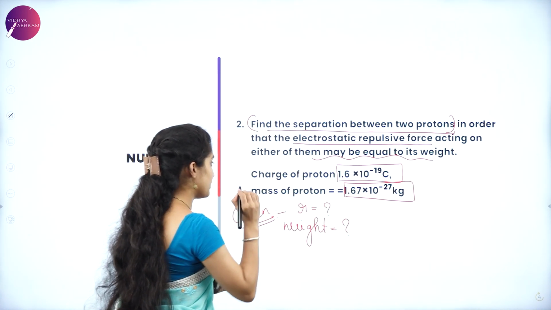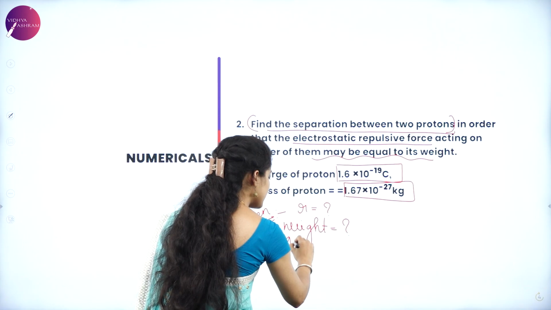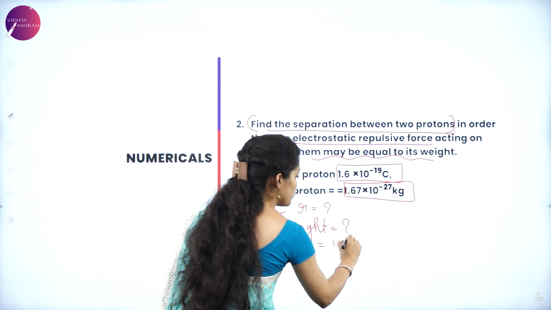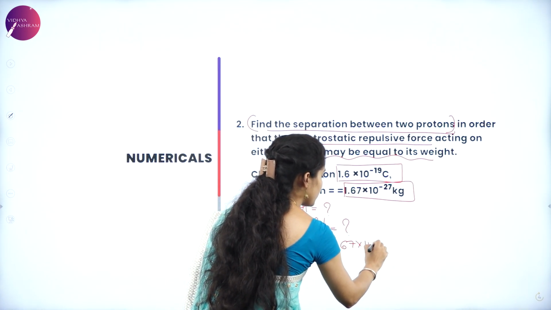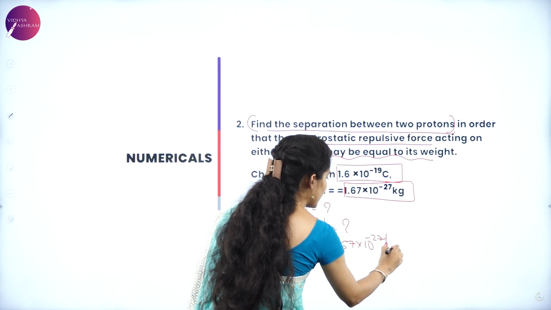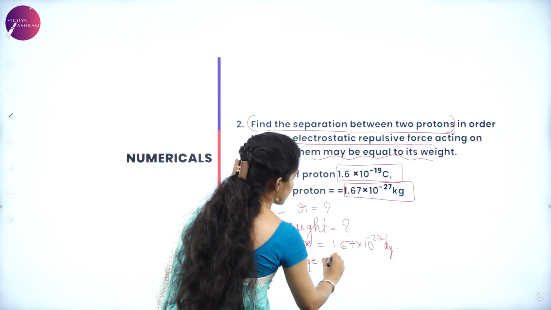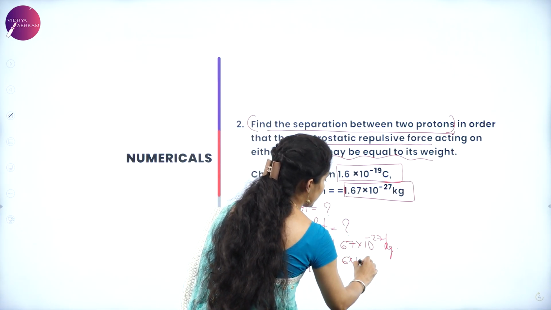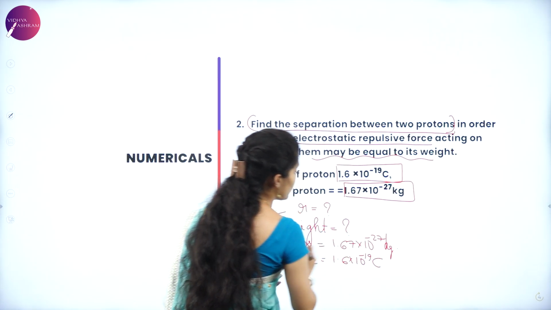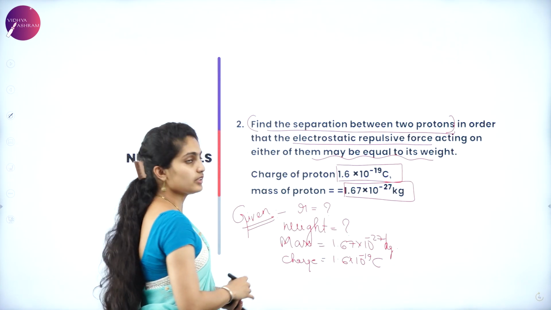That is our question. Given: mass is 1.67 × 10^-27 kg, and the charge of the proton is 1.6 × 10^-19 coulomb. Okay, so these are the given terms.